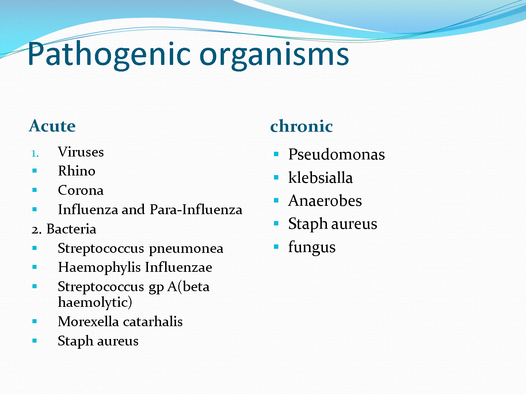In the chronic form, gram-negative bacteria are prominent, such as Pseudomonas and Klebsiella, and anaerobic infection is also common, due to bacteroides and anaerobic streptococci. Sometimes fungi can cause chronic inflammation.